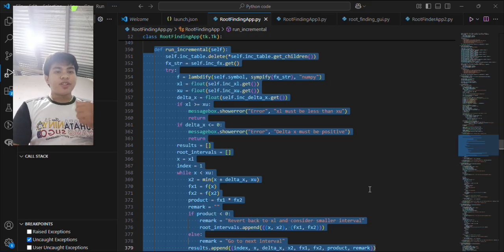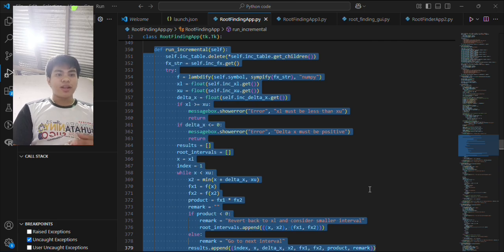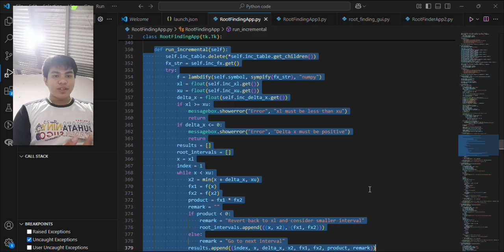Step 1, input parsing. It reads the function as a string from the GUI and converts it to a mathematical function using simplify and lambdify. Step 2. Initialize parameters: x0 the starting point, delta the increment size, and the number of iterations.